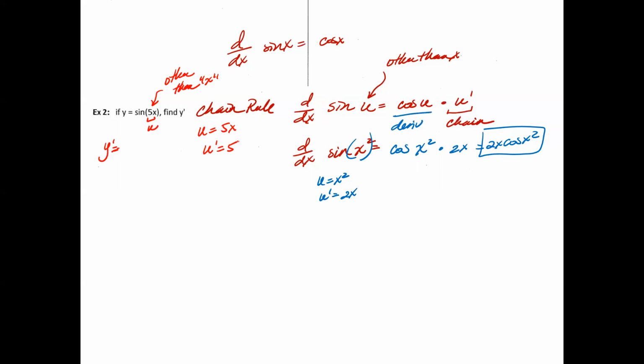And I know that the derivative of sine u is cosine u. So my answer is cosine u, which is 5x, times u prime, which is my chain, and that's just 5. So my answer here is just going to be 5 cosine 5x. And ta-da, that is what you have.